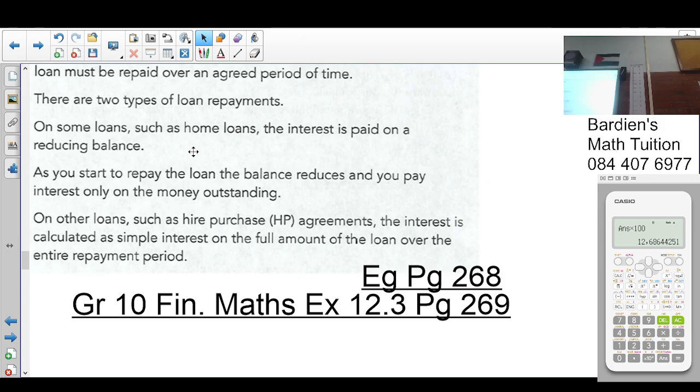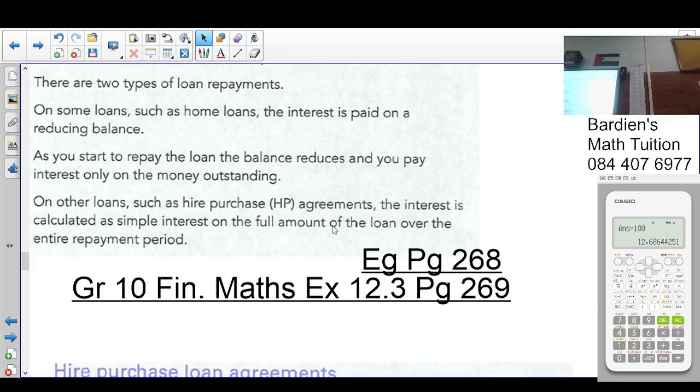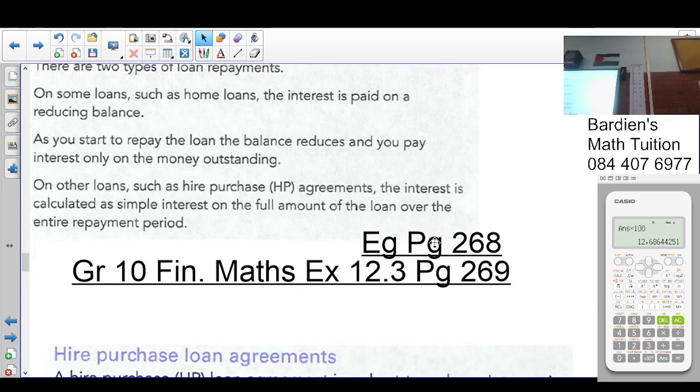Okay? The other loans, such as hire purchase HP agreement, the interest is calculated as simple interest. So as soon as we read HP, we know it's going to be simple interest on the full amount of the loan over the entire payment period. So this is something to note at this point: say for argument's sake, you buy a fridge today on HP.